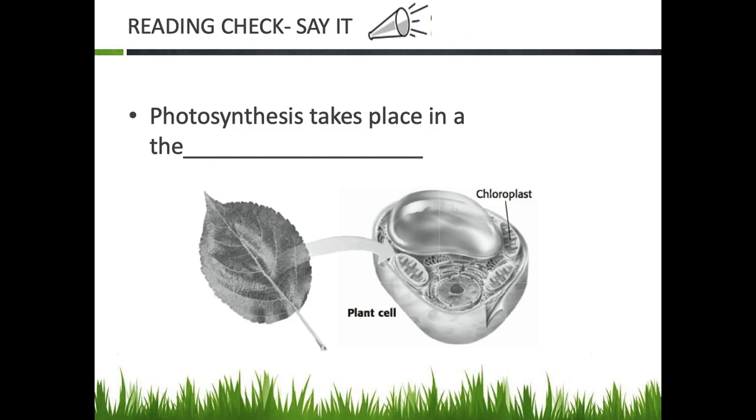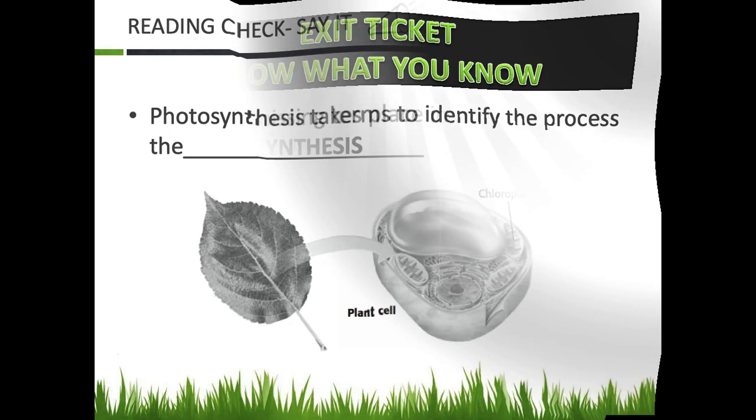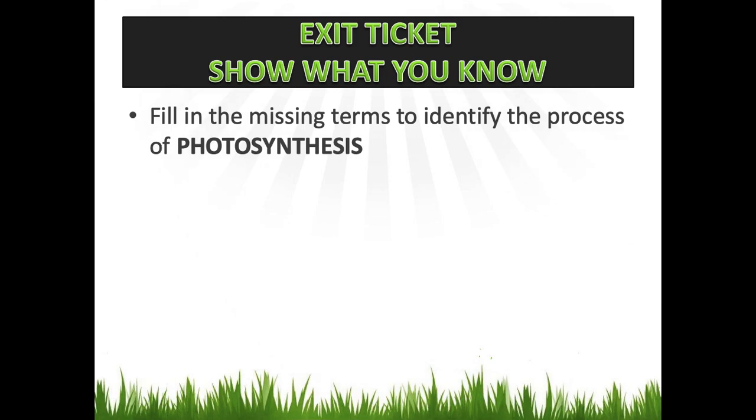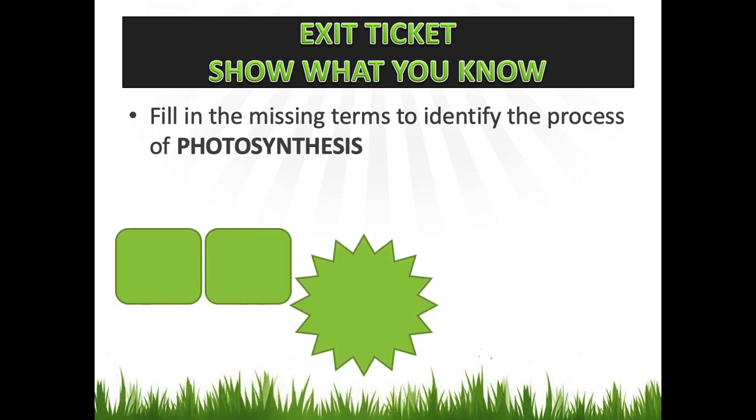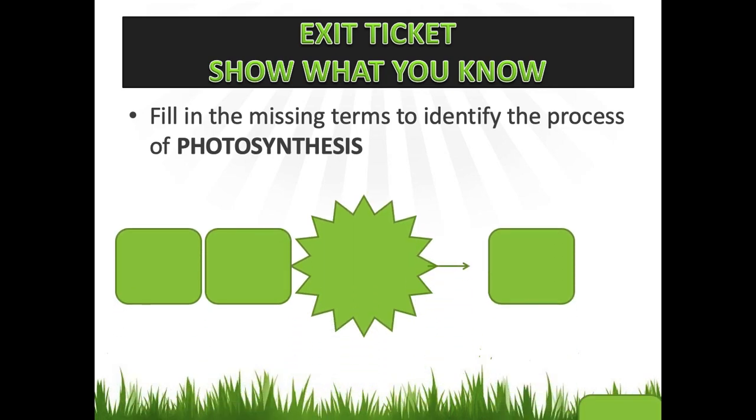We have another reading check. Say it out loud. Photosynthesis takes place in the, yep, that's right, in the chloroplast. And the last part of this section, our exit ticket. Show what you know. Fill in the missing terms in the steps of photosynthesis.